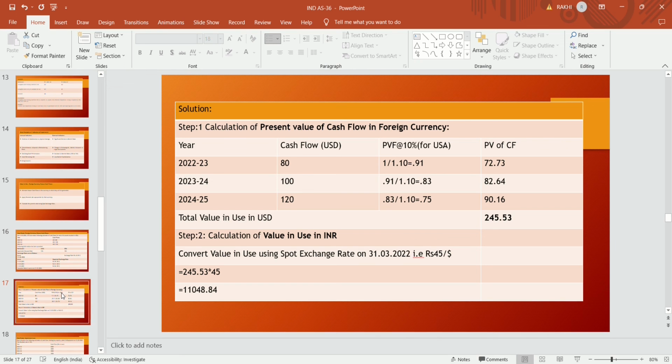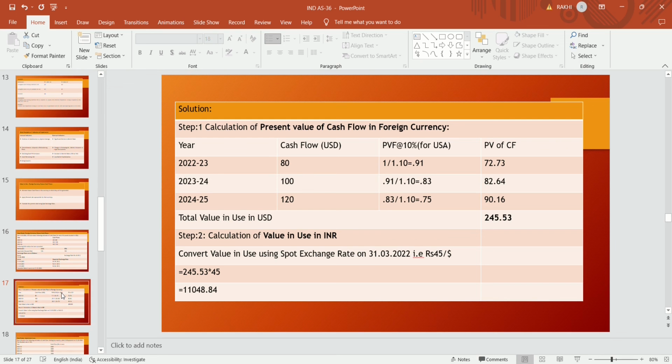In total, the present value of the cash flow in USD is 245.53. That is the present value, and then we will calculate the value in use in INR. So we will convert it at the spot exchange rate as on 31st March 2022, which is rupees 45 per dollar.